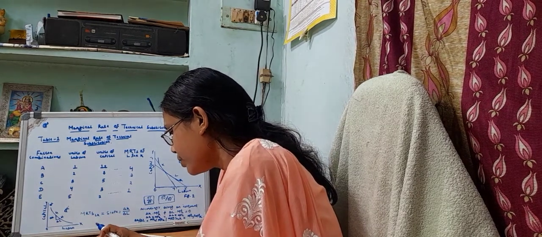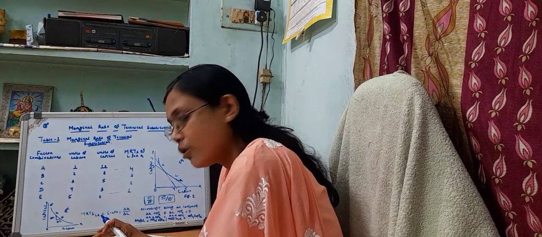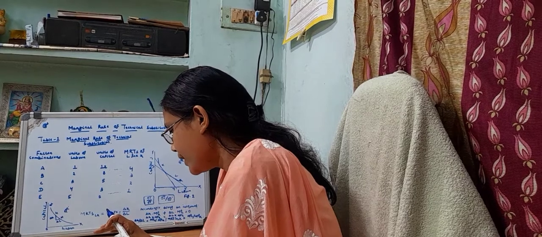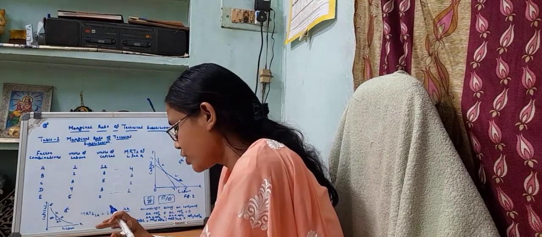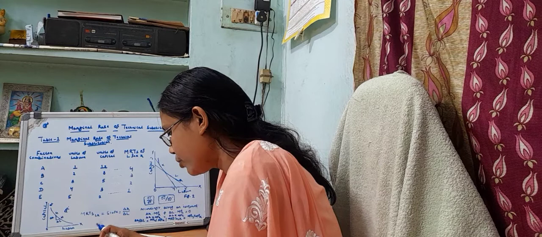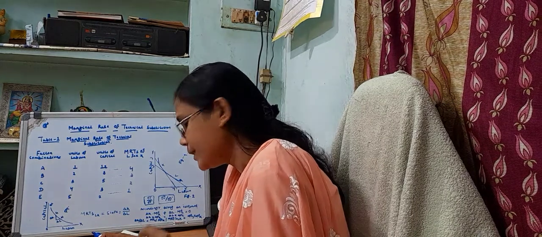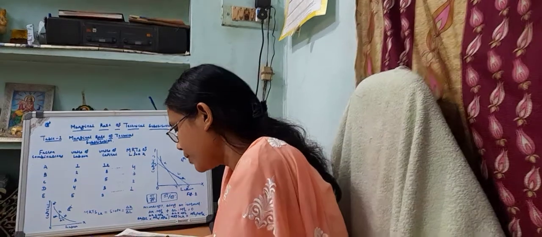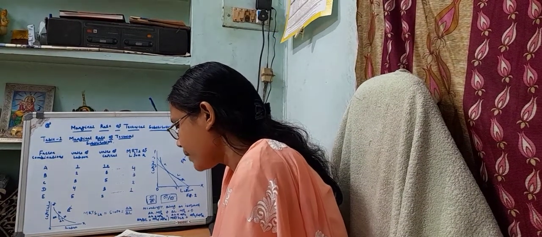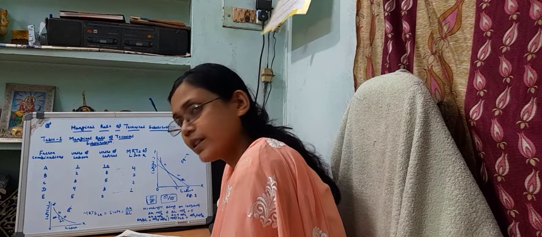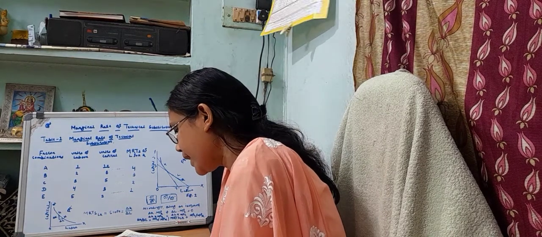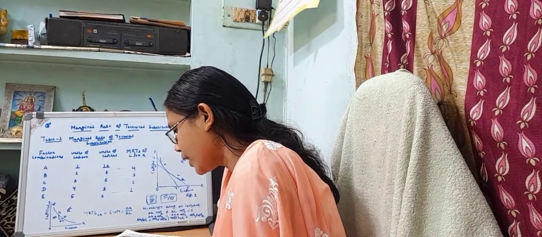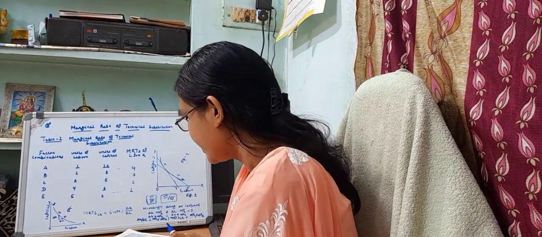The loss in physical output from a small reduction in capital will be equal to the gain in physical output from a small increment in labor. The loss in output is equal to the marginal physical product of capital, MPK, multiplied by the amount of reduction in capital. The gain in output is equal to the marginal physical product of labor, MPL, multiplied by the increment in labor.